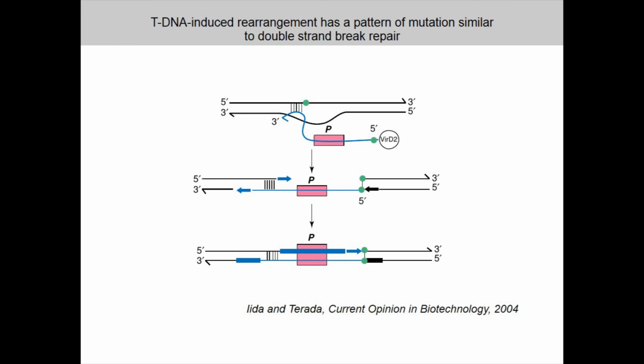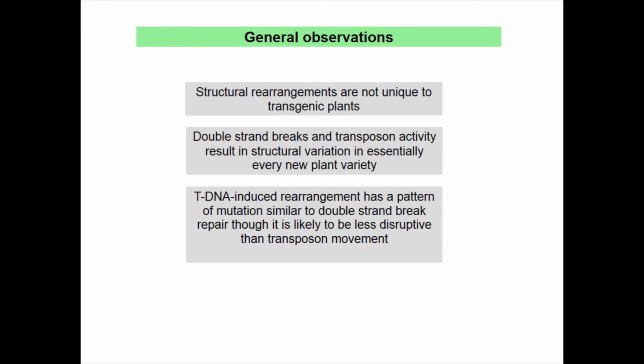We've seen structural rearrangements when we induce double-strand breaks, and also with tDNA. If you'll recall the slide where the junction region between the genomic DNA and the border of the tDNA sequence was sequenced, the number and spectrum of events that we observed there match quite closely with what we've observed in natural populations.